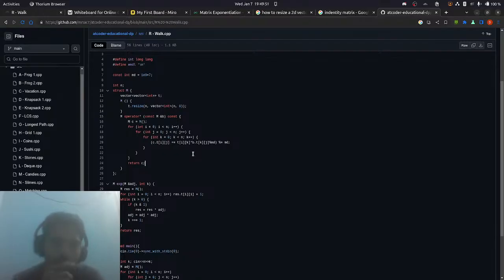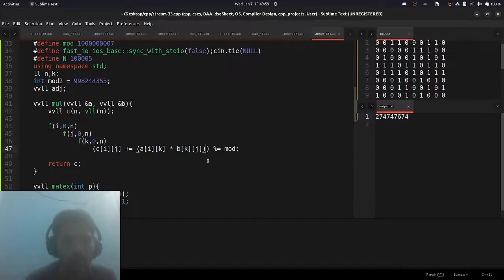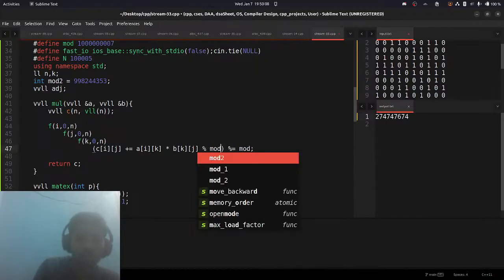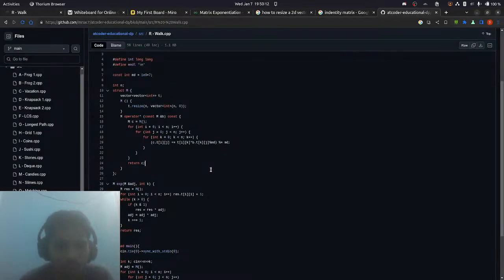Okay. Percentage mod here. So for this, remove this, add this, no change.